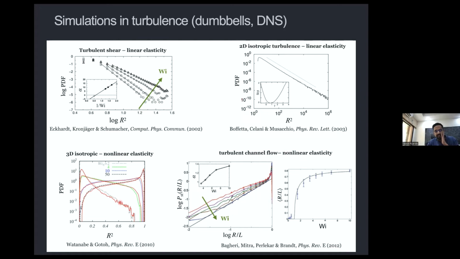Without going into details, in all cases the basic features remained the same: you had power law tails, and the exponent of the power law increased as you increase the Weissenberg number. And so you can have something like a coil-stretch transition where the mean extension increases dramatically across the critical Weissenberg.